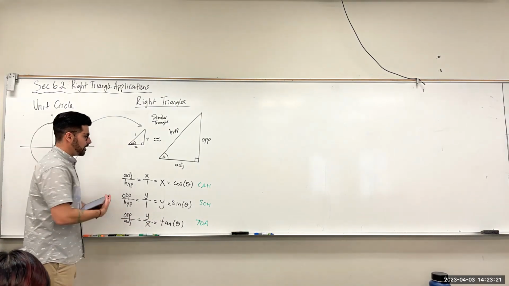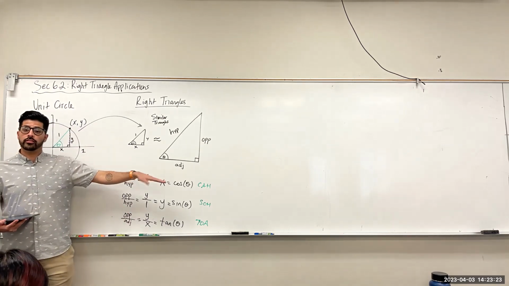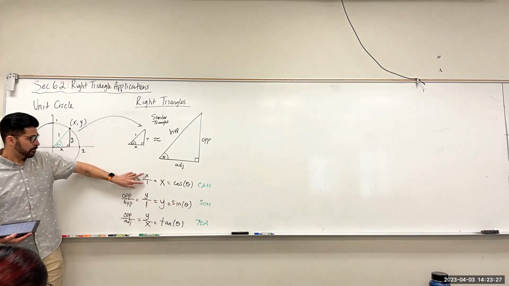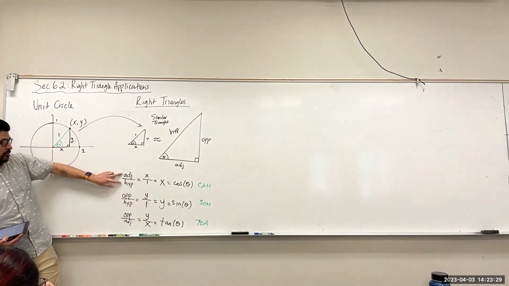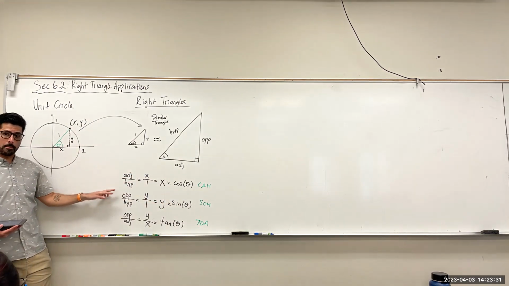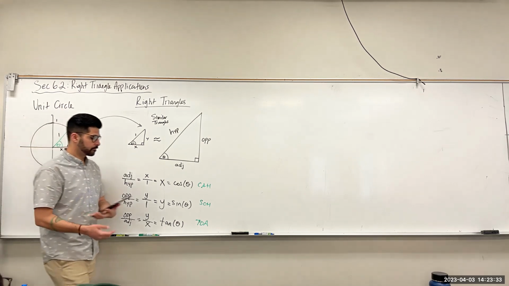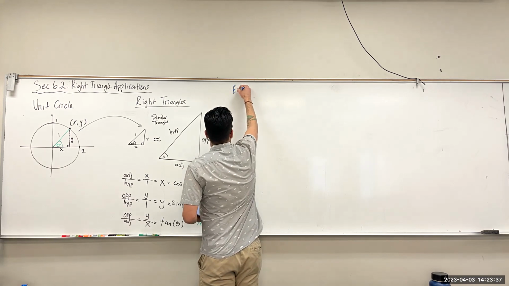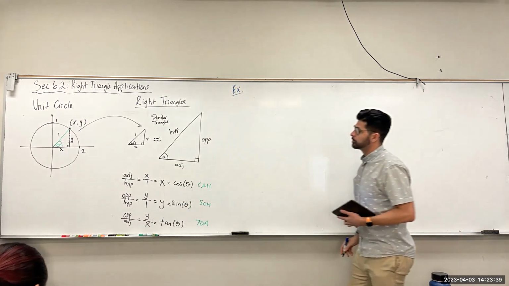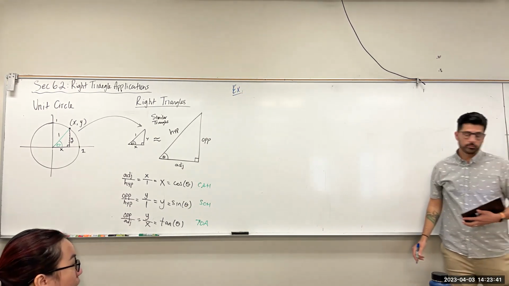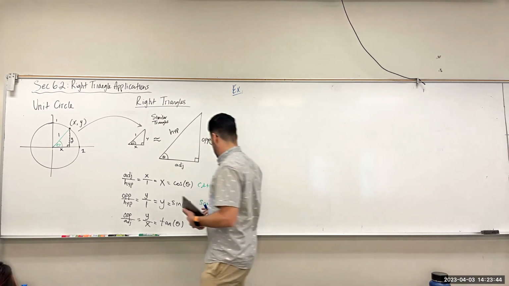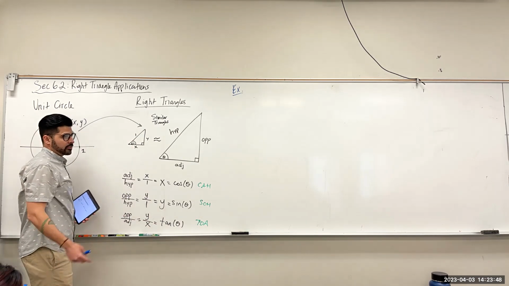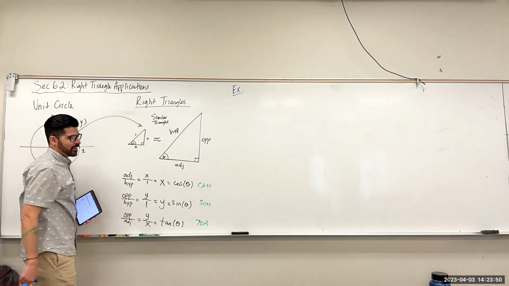And then you still will do the same thing with secant, cosecant, and cotangent. It's just the reciprocal of these. Secant starts with an S, so we can't use that mnemonic.